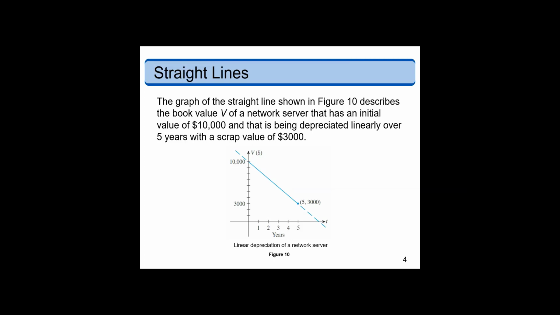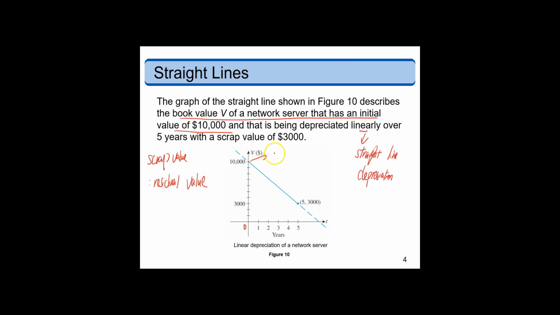We have a network server with an initial book value of $10,000, depreciated linearly, meaning using straight-line depreciation, for 5 years with a scrap value, also called residual value or remaining value, of $1,000. At time t equals 0, the value of the machine is $10,000, when the company first purchased the network server.